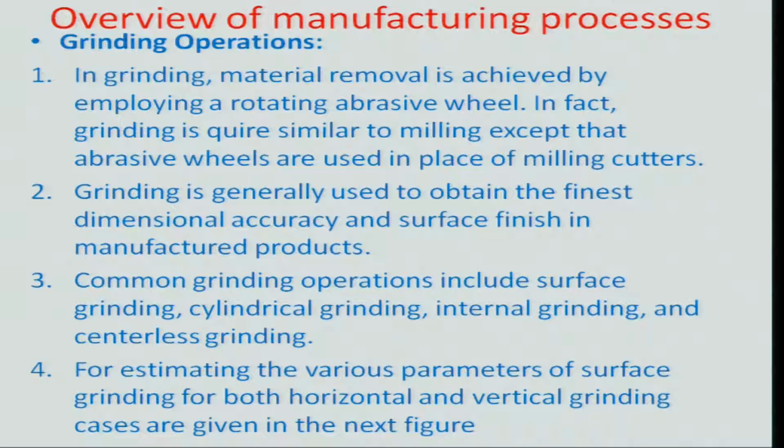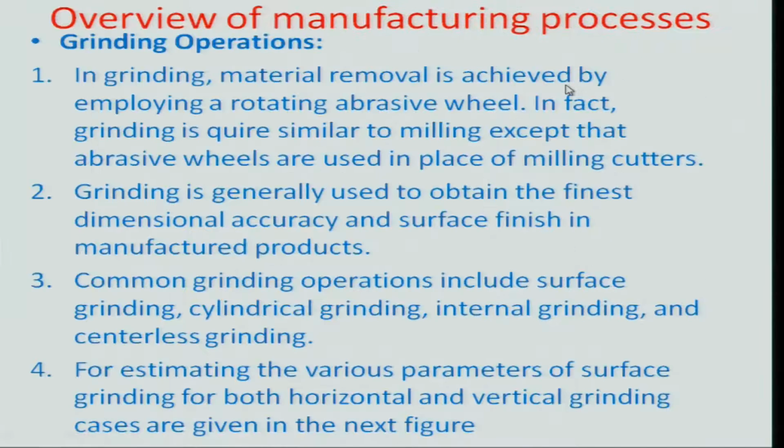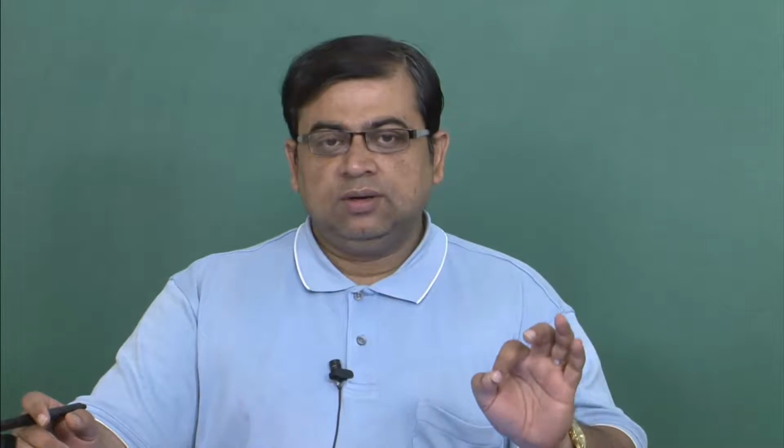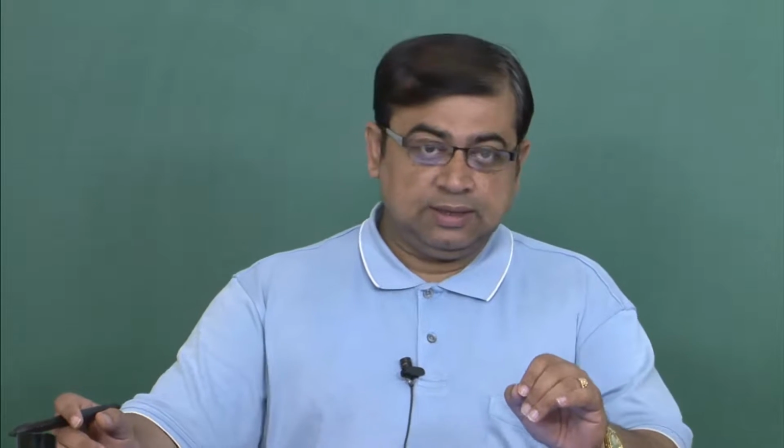So obviously grinding is more or less like a finishing process, and material removal is achieved in any grinding operation because you have a rotating abrasive wheel which digs into a workpiece, and this abrasive wheel is able to remove very small portions of material from the interacting abrasive tips with the workpiece surface.